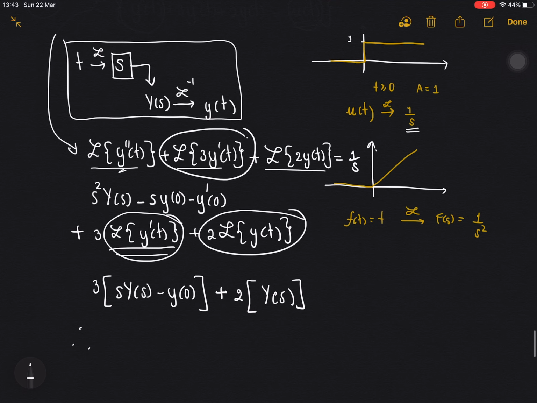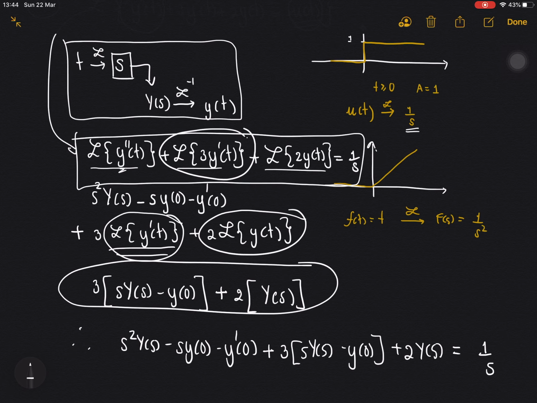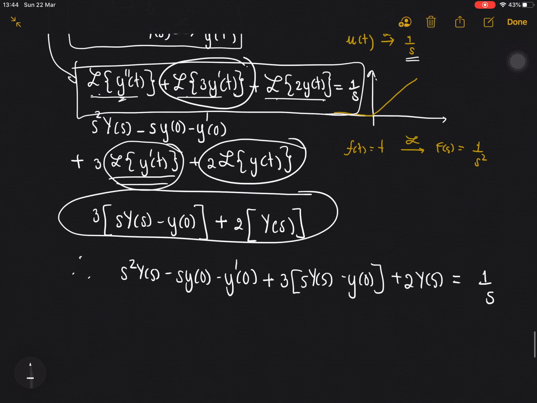Therefore, you will have s squared Y(s) minus s y(0) minus y prime(0) here, and then you have the addition of 3 multiplied with s Y(s) minus y(0), plus 2 Y(s) here, equivalent to 1 divided by s. So basically you find the Laplace transform for each of the terms, and then you apply that, right?